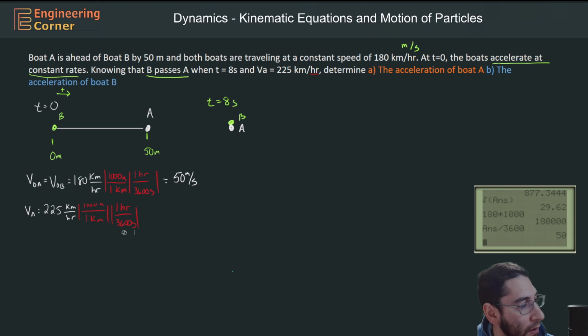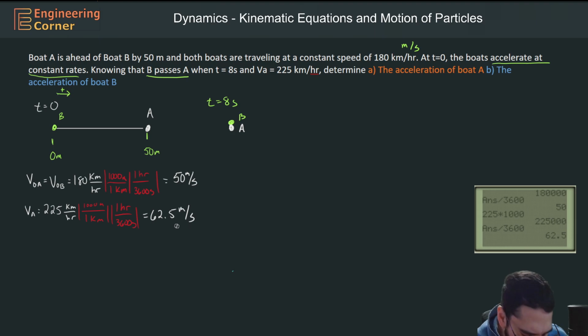So 225 times 1,000 divided by 3,600 is 62.5, and this is meters per second. Okay, so now we know our initial velocities and our final velocity of A. We don't know what our final velocity of B is, but that might be okay.